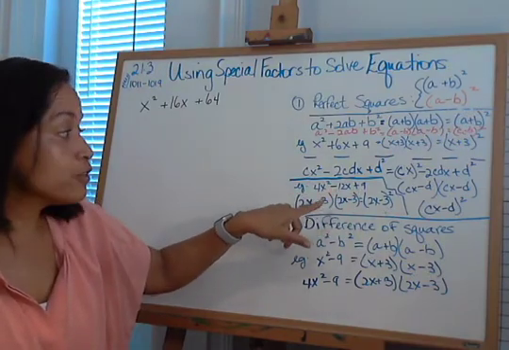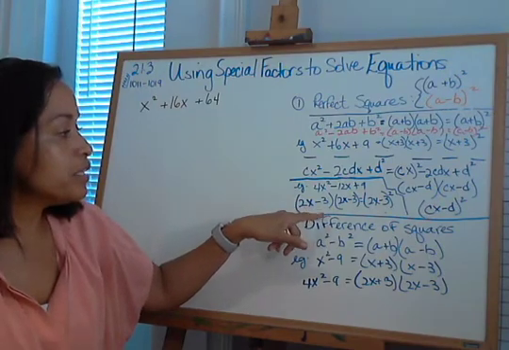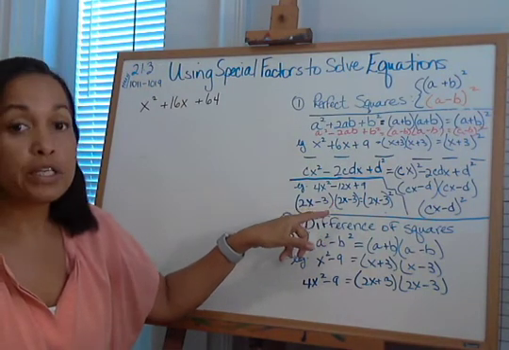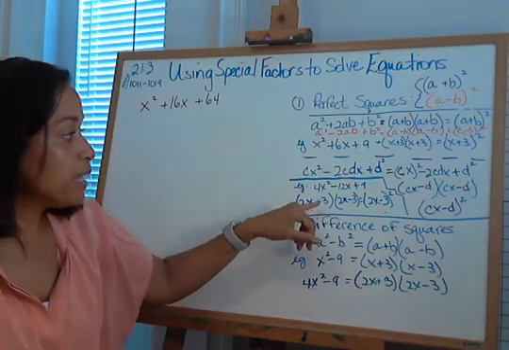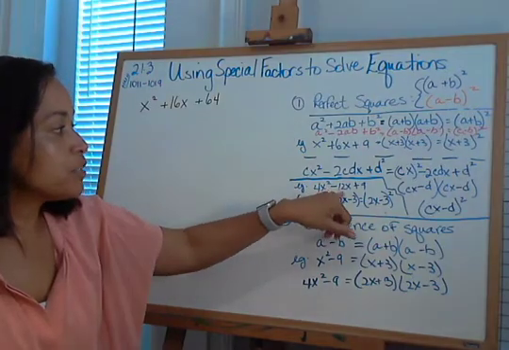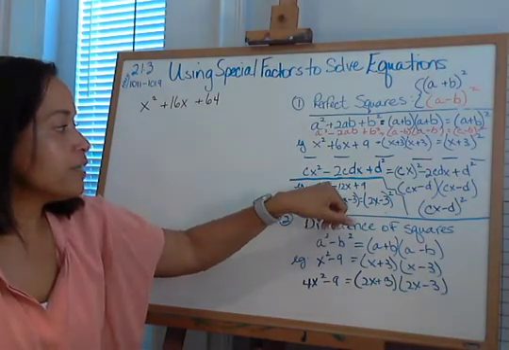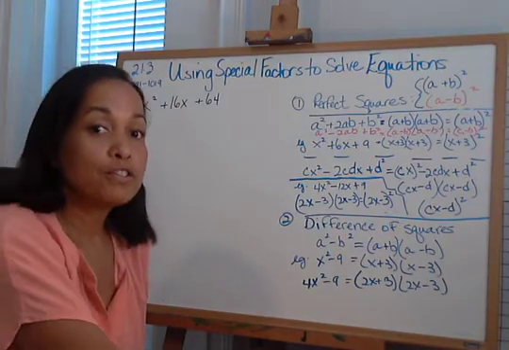There's a minus here, so I know the sign in between is minus. I have 2x minus 3 times 2x minus 3. To check it, if I multiply 3 times 2, that's 6, times 2, do I get 12? Yes, then it's negative because it's negative 3. Great.